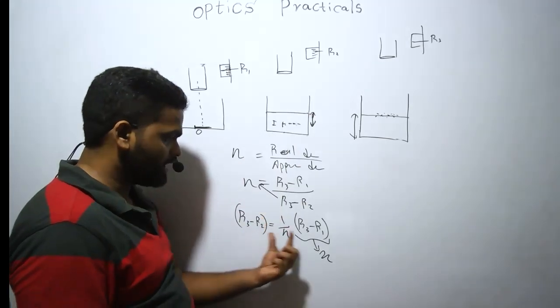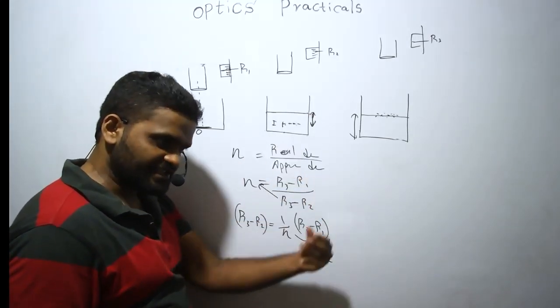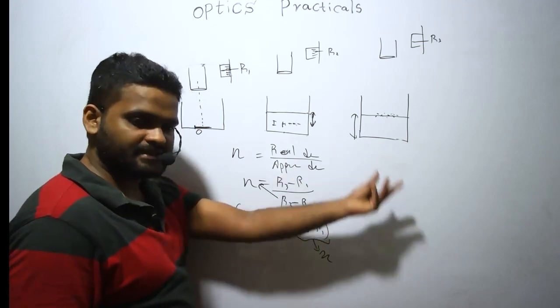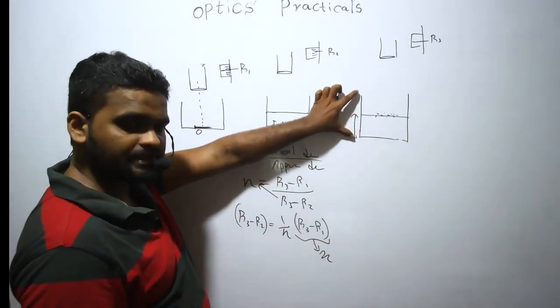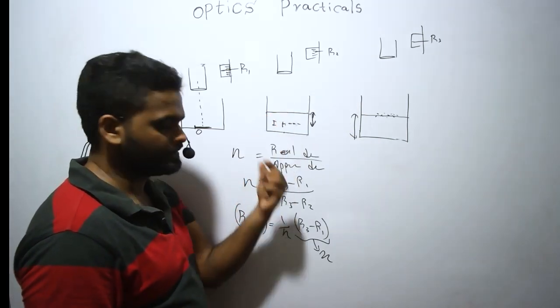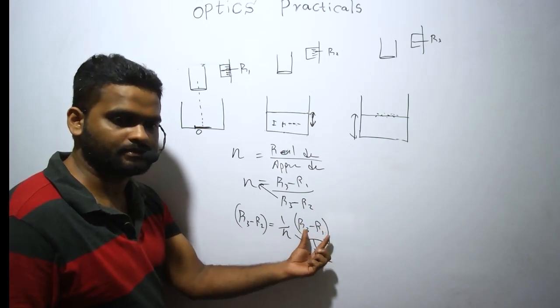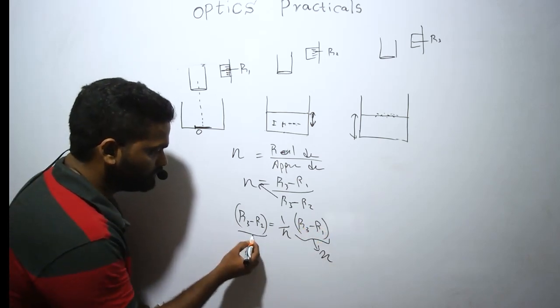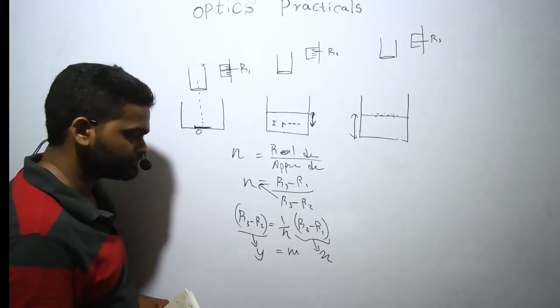That is R3 minus R1. Because we can change that first, right? Depending on this one, when you change real depth, apparent depth changes. So this apparent depth is dependent on this variable. So we call this one y. So we have a y equals mx graph.